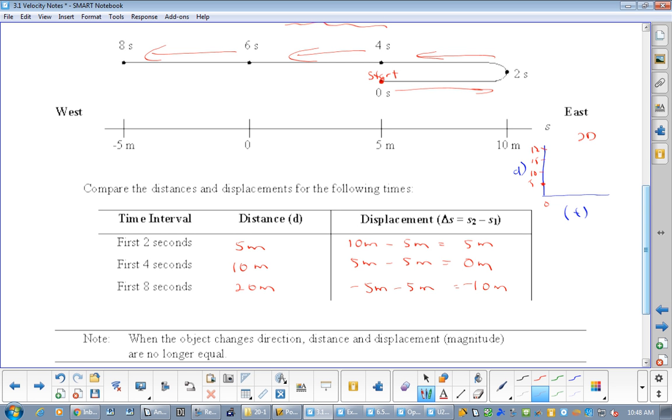Then after 2 seconds, we were at 10. Then at 4 seconds, we were at 5 meters again. After 6 seconds, we were at 0. And at 8 seconds, we were at negative 5. So it would look something like this.